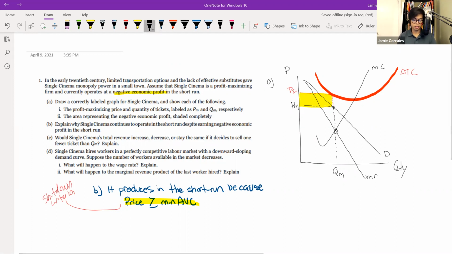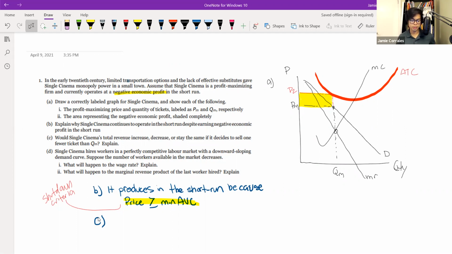Part C, let's do C. Let's be consistent here. I'm going to use blue again. So it's C. Would single cinema's total revenue increase, decrease, or stay the same if it decides to sell one fewer ticket? Okay. So total revenue is price times quantity.